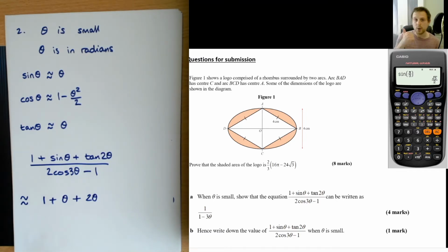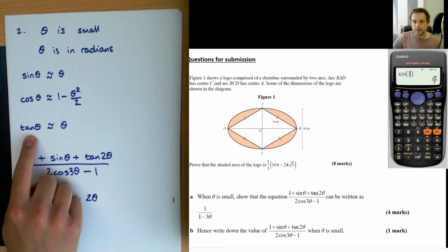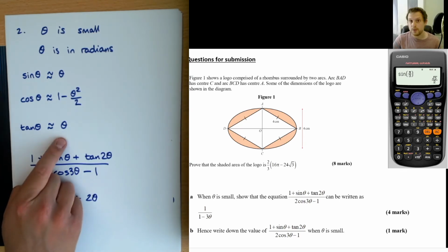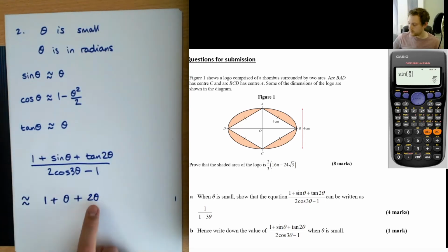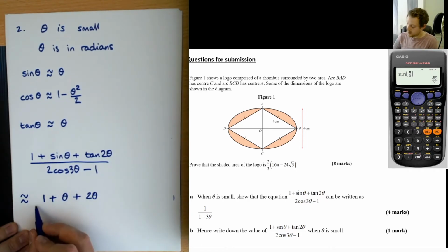If theta is small, and you can make it as small as you like, while still being above 0, put as many 0.0000 in there as you like. If theta is small, doubling it, it's still small. So tan of 2 theta is going to be approximately equal to 2 theta. So that's why I've replaced it there.